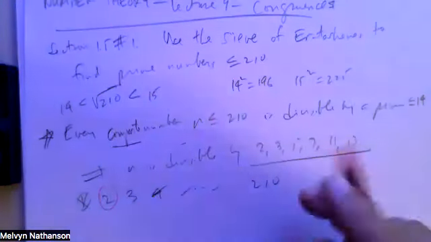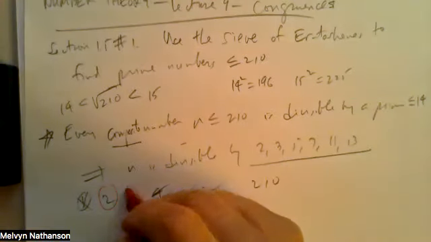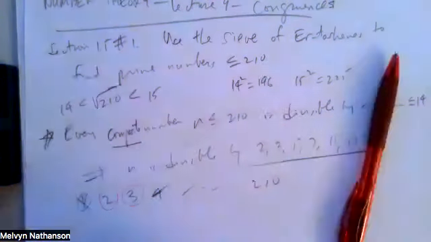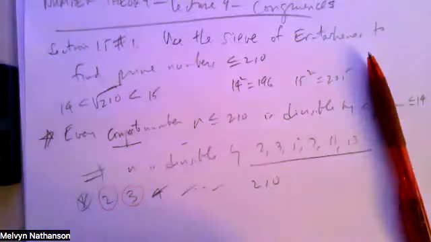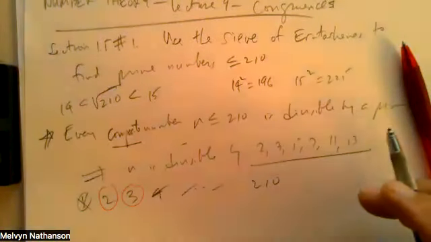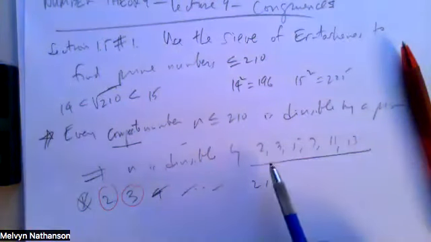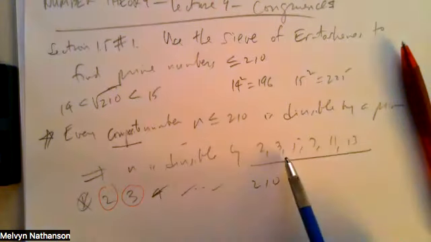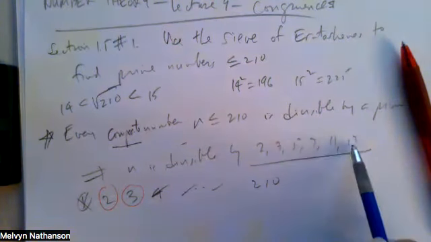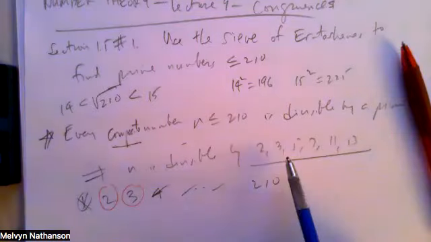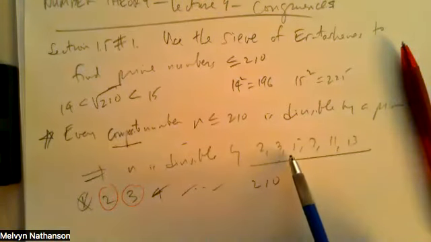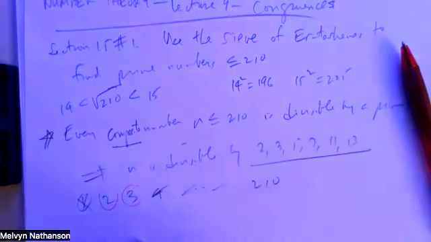The next number you see is 3. That's a prime, but then you cross out all the multiples of 3. And you do that for all 6 of these primes, 2, 3, 5, 7, 11, 13. When you've crossed out all the multiples of these numbers up to 210, the numbers that are left are the primes. So that's the sieve of Eratosthenes.